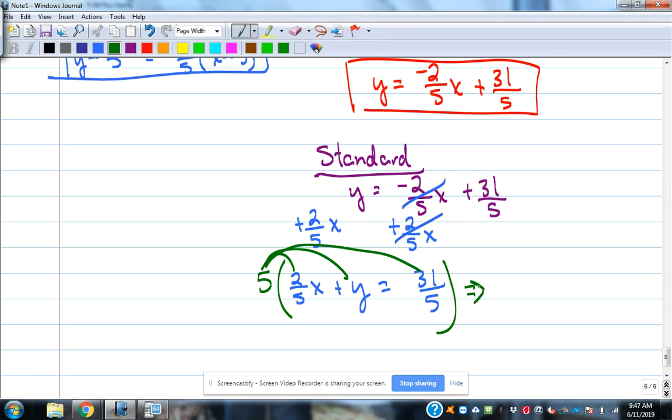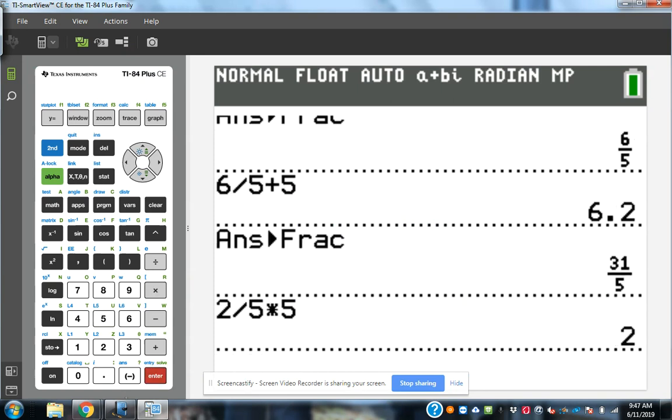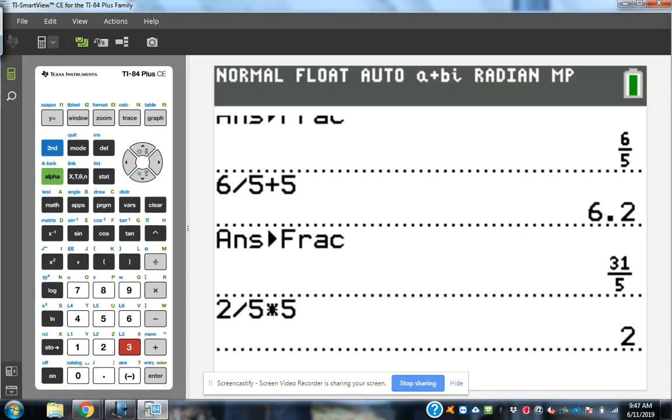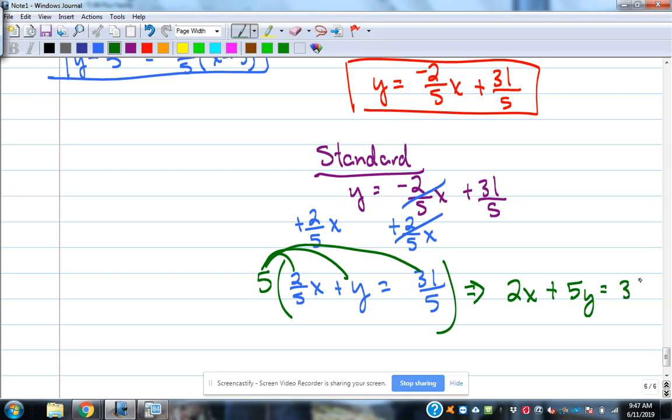So that's going to convert it over to standard form. So 2/5 times 5 is 2, 2x. 5 times y would be 5y. That's the easy one. And then 31 over 5 times 5, 31. And there I'm in standard form for that.